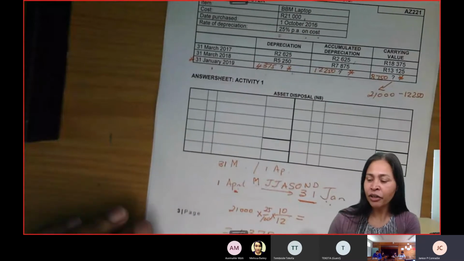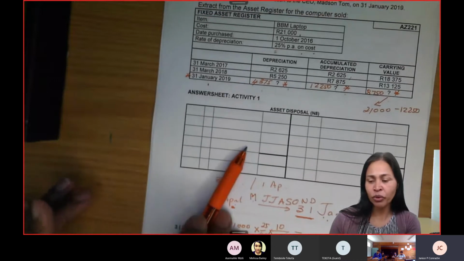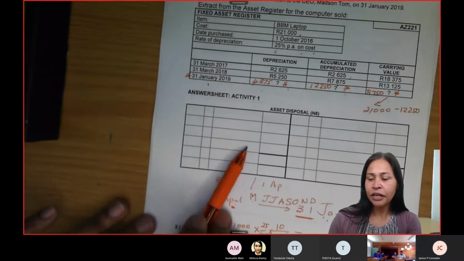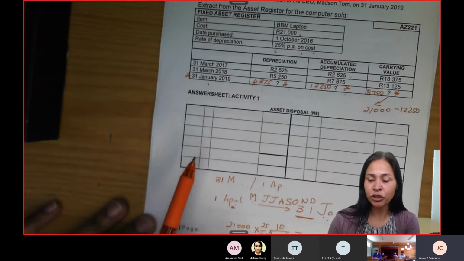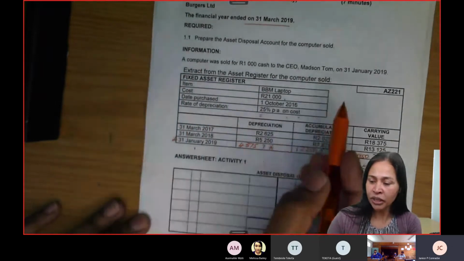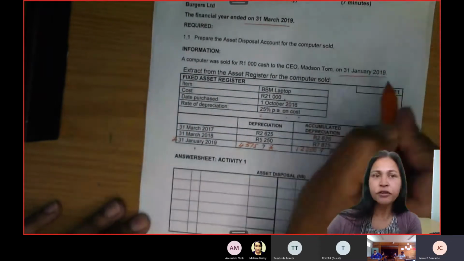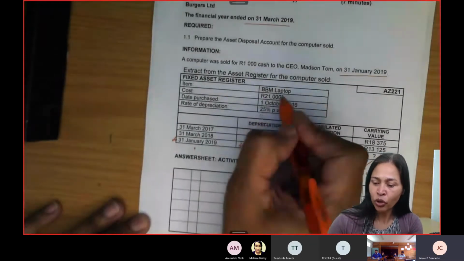So I'm now going to ask you to please complete the asset disposal account. Please use that example that we've done. We have to record when the asset was disposed of. So again, I'm going to read that information for you. It says a computer was sold on 31st of January. That is important. We know what the cost was.